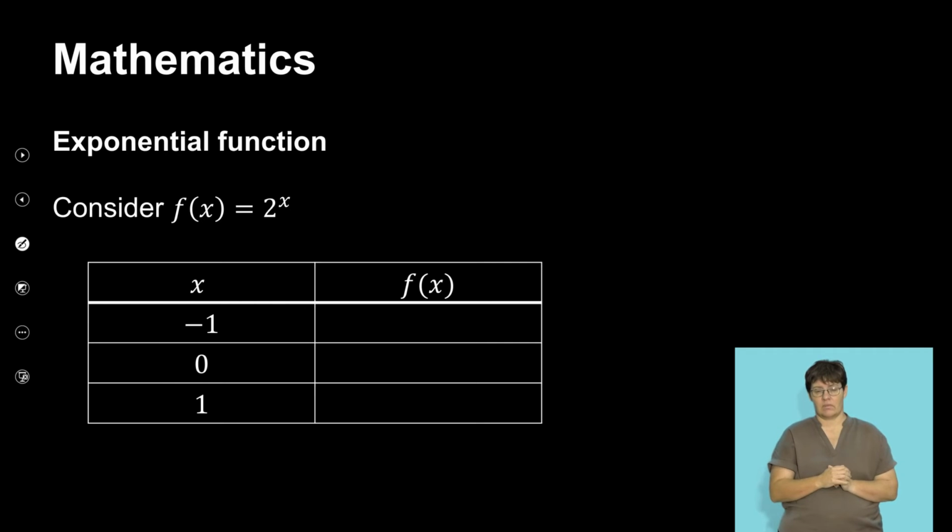Now consider the equation f of x equals 2 to the x. If my x is minus 1, this is 2 to the exponent of -1, which is 1 over 2. When my x is 0, it is 2 to the exponent of 0, which equals 1. When my x is 1, it is 2 to the exponent of 1, which equals 2.